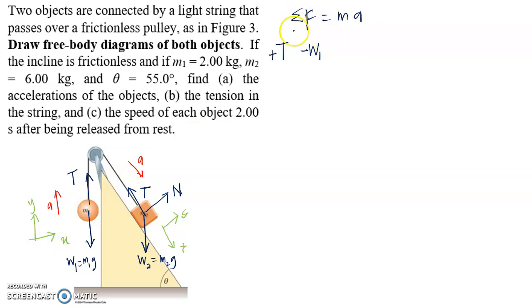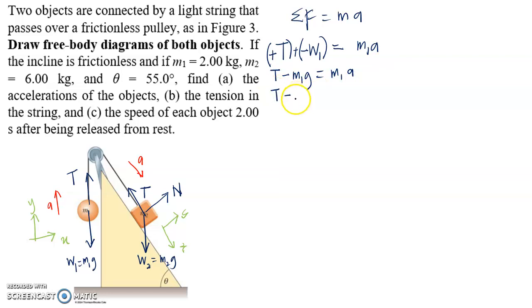And then again, we add the two forces together. So positive T plus negative W1 is equal to the mass here, which will be mass 1, and acceleration will be positive going upward. Now we can substitute with its rightful formula, which is the equation for the weight, W1 is equal to m1 multiplied by g.